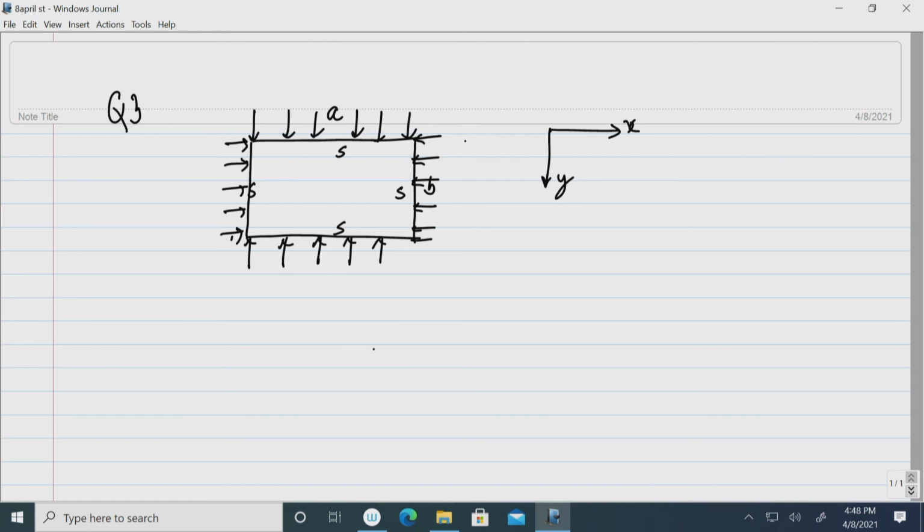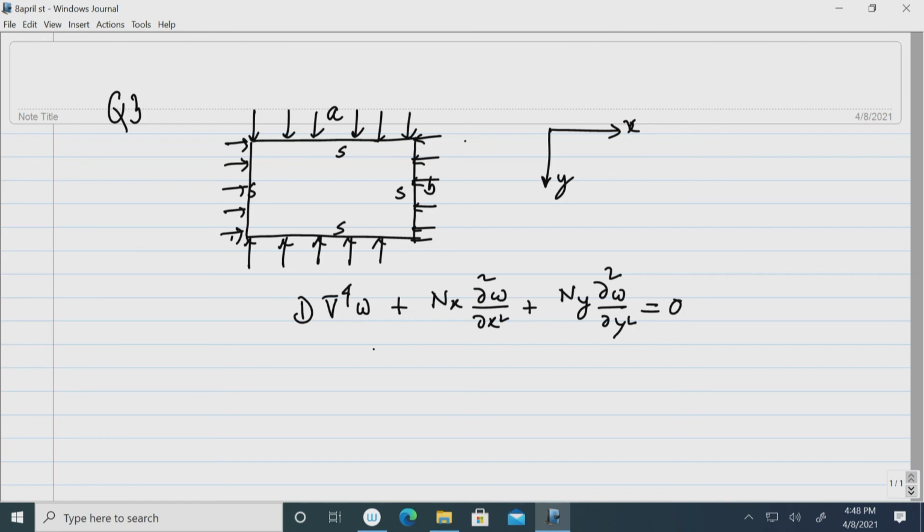Okay. So, the plate equation is D ∂⁴w plus N_x ∂²w/∂x², and because two directional in-plane forces are there, I also include the N_y term, equal to 0. This is the equation for the buckling of the plate.